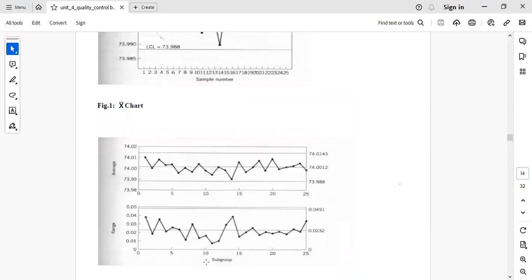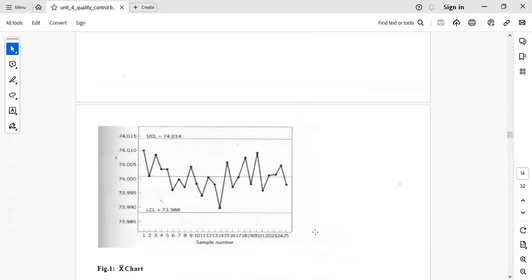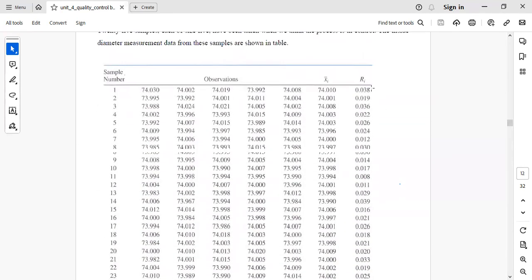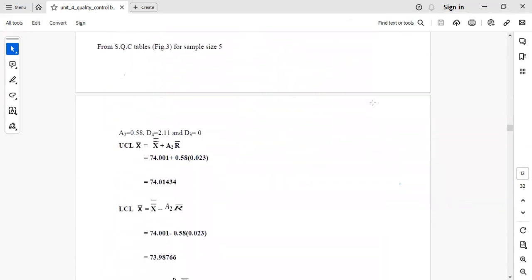So we have the groups or rather the samples, from sample 1 all the way to 25, then you plot the ranges that you got, against what you got as the center line. And therefore, once you go back to where you have the ranges, you can see we have the ranges here. So for each sample, you plot its range.